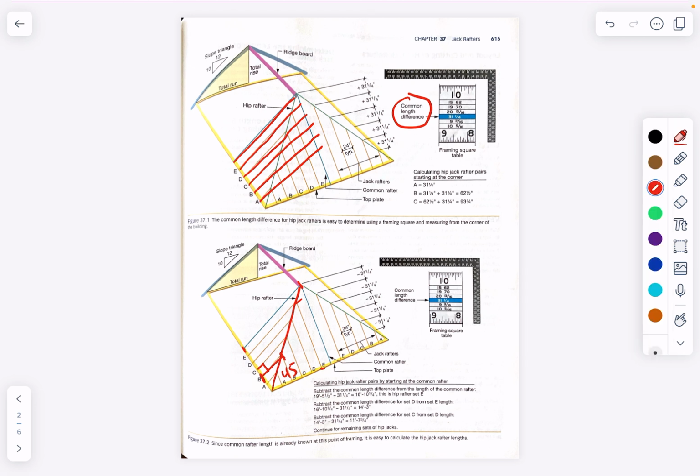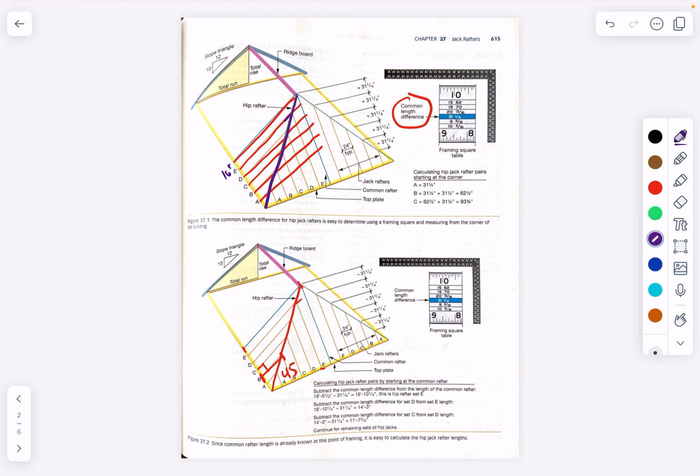What you're doing is taking that hip and cutting those common rafters off. Because they're spaced equally, starting with 16 on center, each jack rafter gets shorter by the same distance.